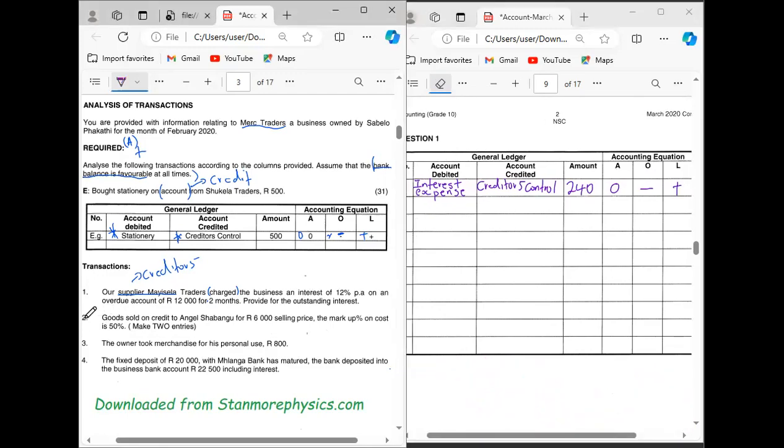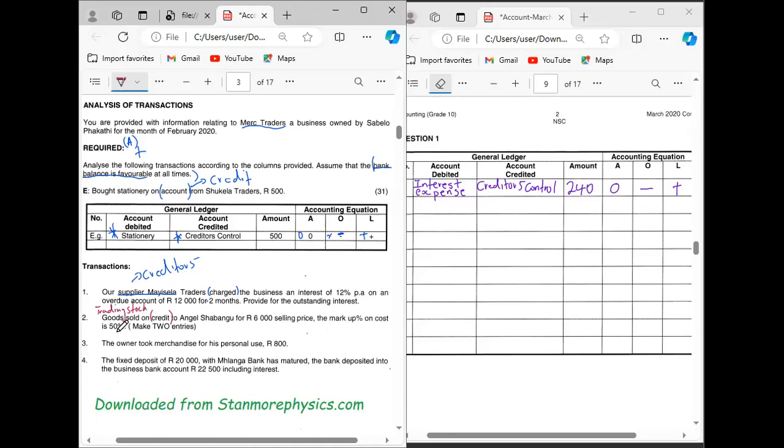It says goods sold on credit. We are looking for important keys. So we sold goods on credit. What is goods? Goods in accounting are known as trading stock.